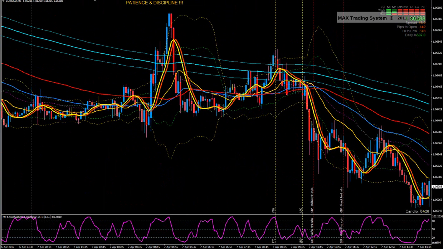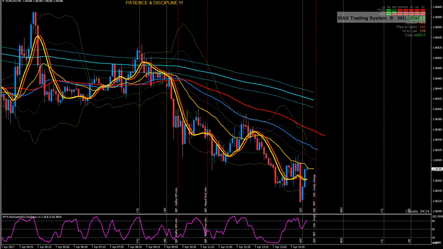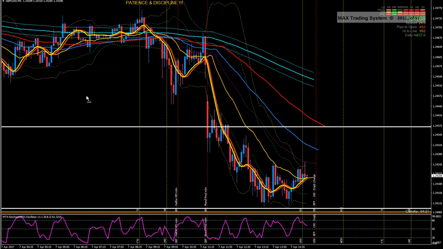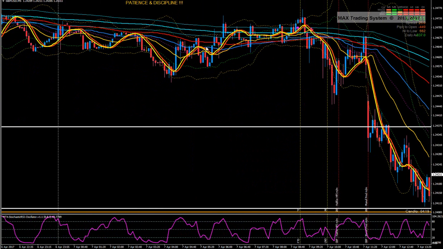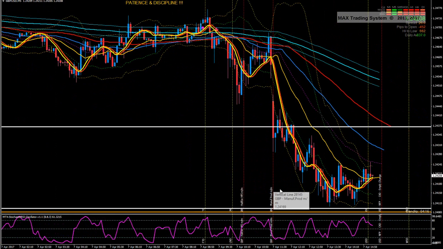If we look at the pound-US dollar, for example, we have even less reaction. The reaction is coming later, but also with news on the pound. Specifically, we have had here the manufacturing production, which has been negative for the pound. Previously, we have had the Halifax housing price index, which has been neutral.